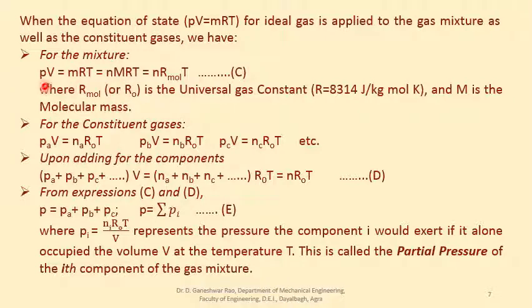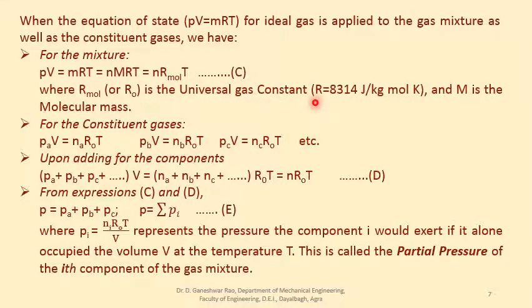So this equation becomes PV equal to nMRT, right? Now for any gas, if you multiply its molecular mass with its characteristic gas constant, it gives you a unique value R mole or R0, which is called the universal gas constant.